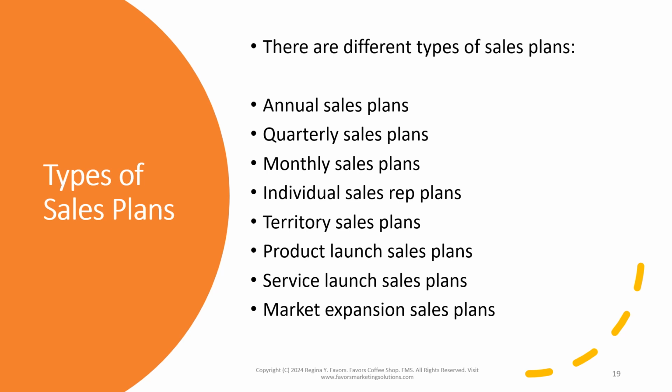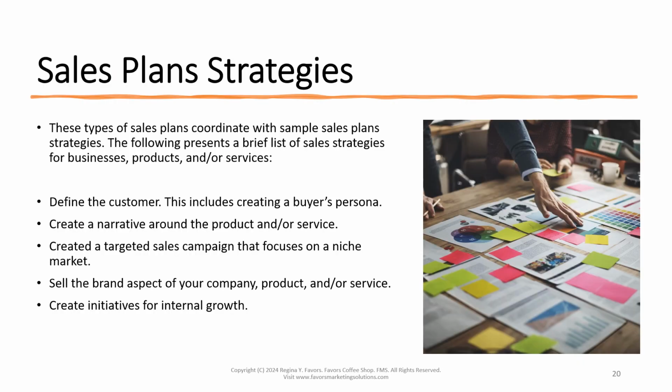You may want to research in terms of how strategies are utilized when it comes to annually, quarterly, monthly, individual sales rep, territory, product launch, service launch, market expansion. But these are based upon the type of product you have or service you have. These are the types of sales plans that you need to consider.